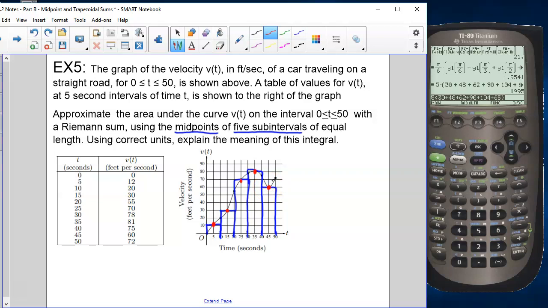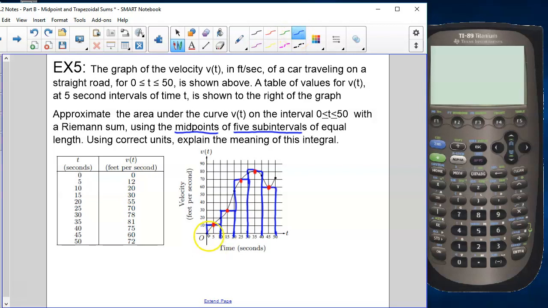Now, I think it's very helpful that they give you the graph here. That really helps me picture what's happening. Sometimes they'll give this to you with just the table, and students struggle with that. My suggestion is you can always sketch yourself a rough draft, even if the numbers are hard to draw, just to get a rough look at it, and that'll help sometimes.